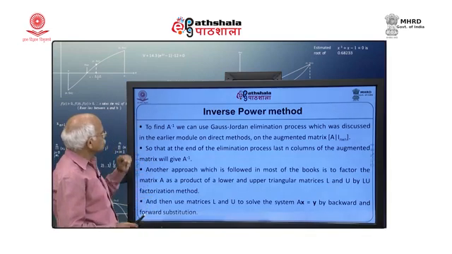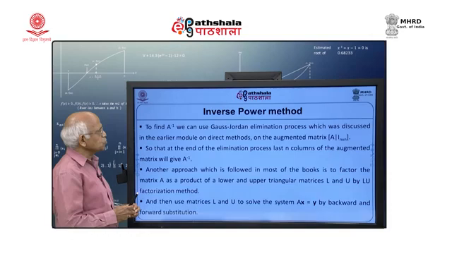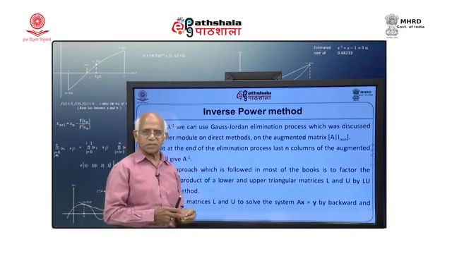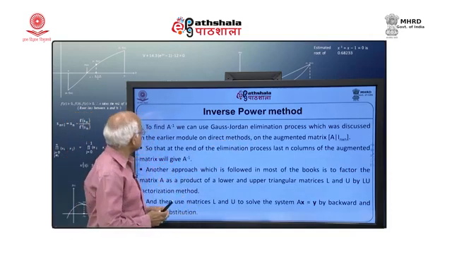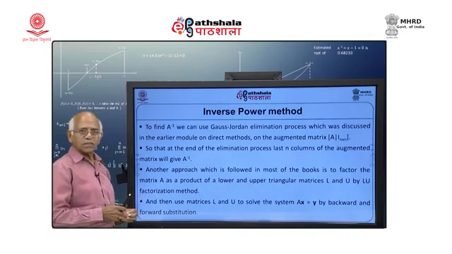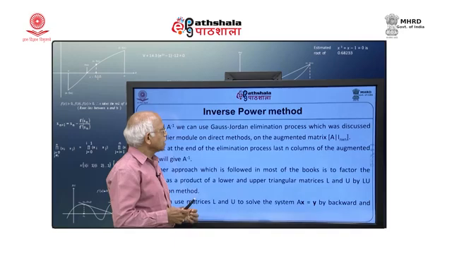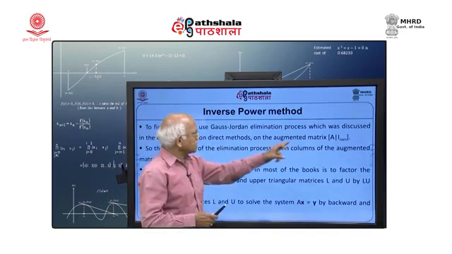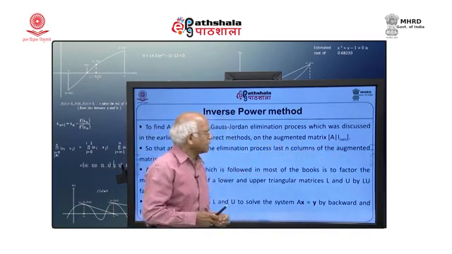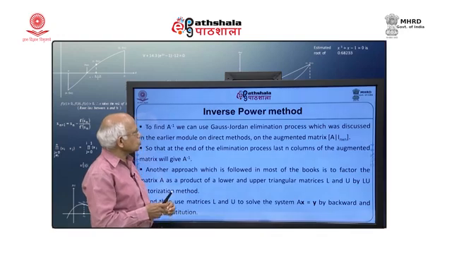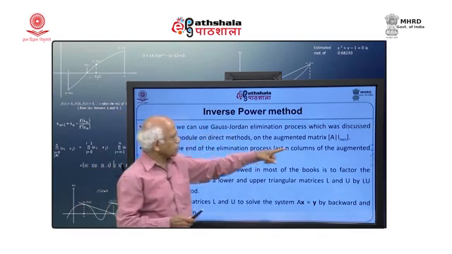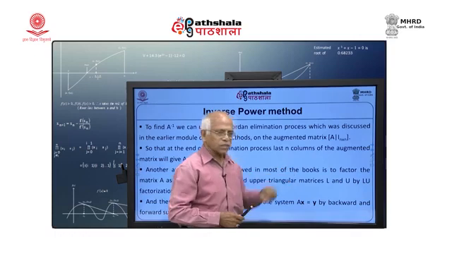To find A inverse, we use the Gauss-Jordan elimination process. This process we already discussed in the earlier module on direct methods for systems of linear equations. We apply the Gauss-Jordan elimination process on the augmented matrix A I, where I is n cross n.